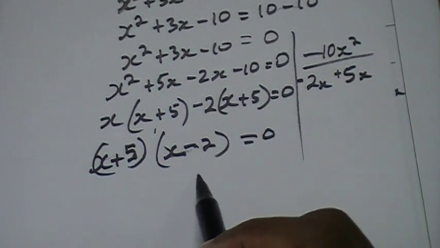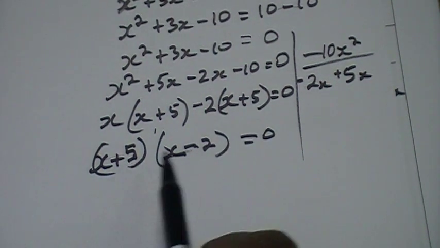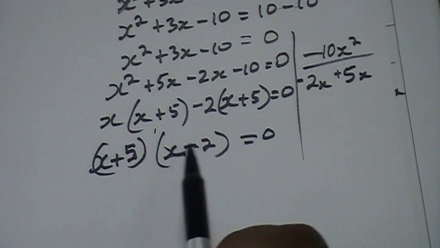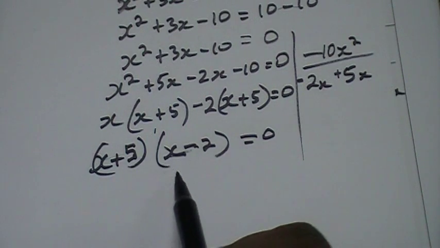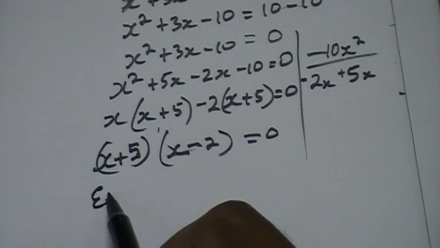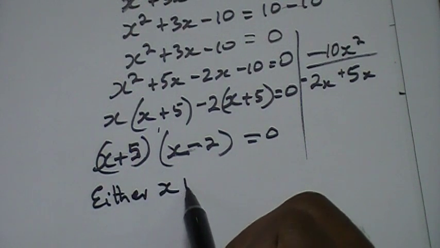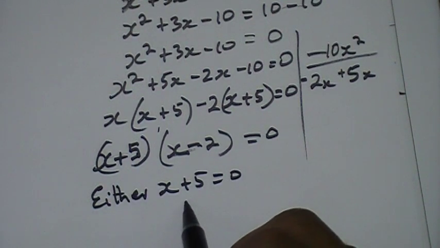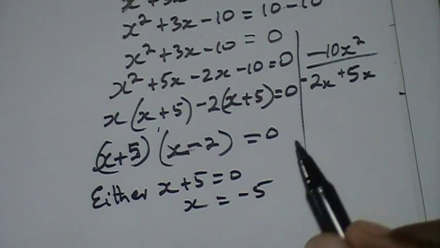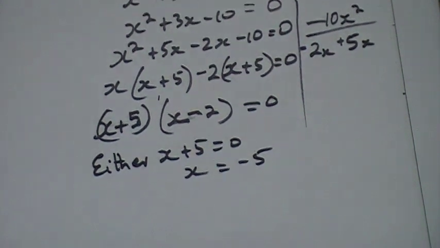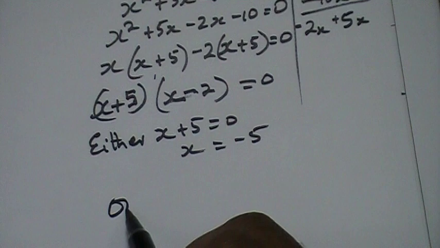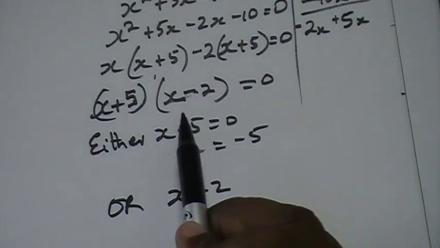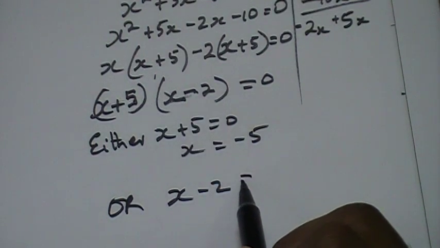Okay, next step. So we know two numbers or two factors, in this case two binomials, multiplied together to give us 0, then either one is 0. So we're going to put either x plus 5 equals 0. Subtracting 5 from both sides, we end up with negative 5. Or x minus 2, which is the next one, equals 0.